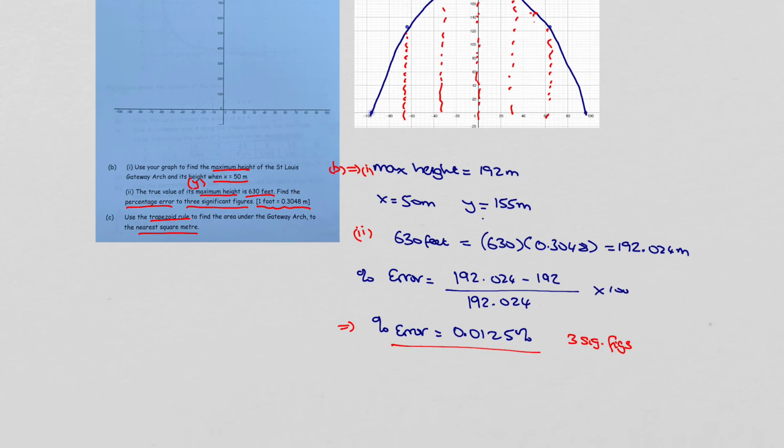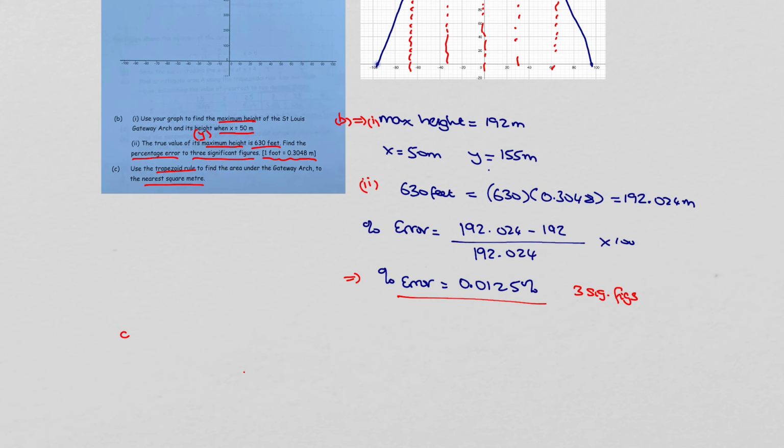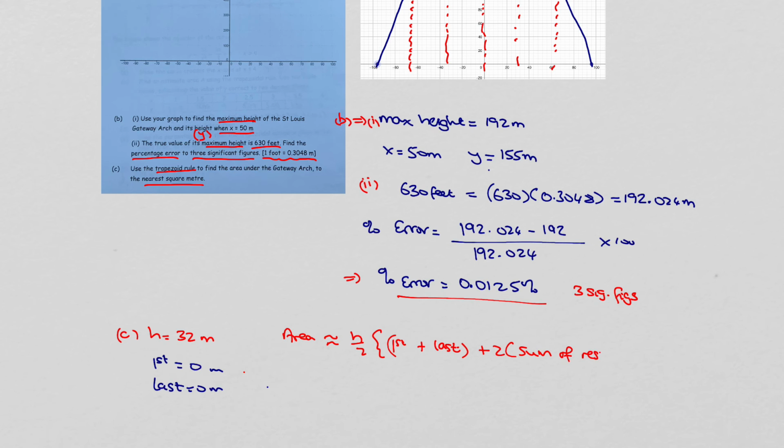So that means H is going to be equal to 32 meters. Our first height is 0, and the last is also equal to 0. So if I sub in, my area is approximately equal to H over 2, my first height plus my last height, plus twice the sum of the rest of the heights.